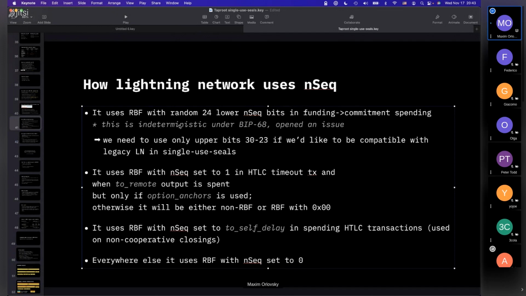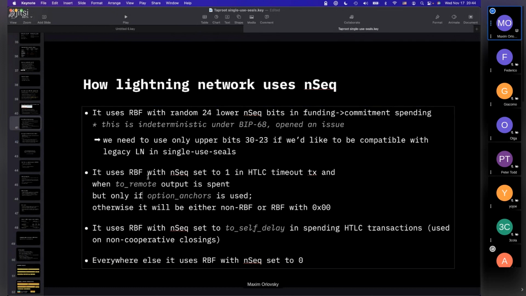Also, the numbering of n-sequence with each channel update is not deterministically incremental, because they XOR some predefined random number with the commitment update number. It doesn't look to me that this will always increase, because with an XOR procedure you wouldn't have an always increasing number, which is quite weird. I'm not sure that this is a bug, but it certainly looks like a bug.